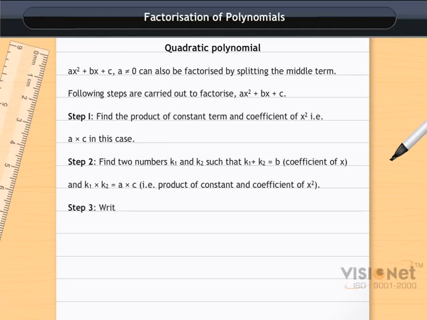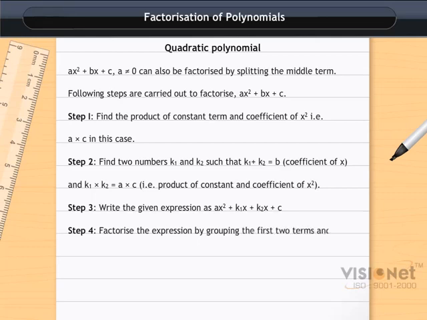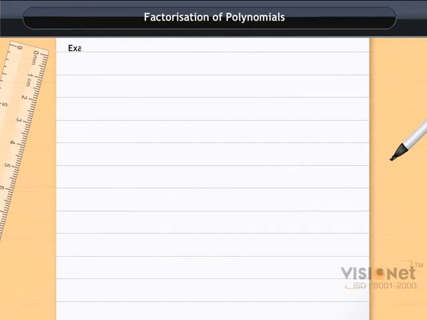Step 3. Write the given expression as ax square plus k1x plus k2x plus c. Step 4. Factorize the expression by grouping the first two terms and last two terms and then get the required factors. Let us understand it with the help of an example.